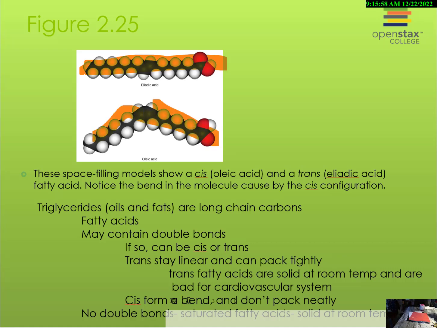But here we have that kink, that cup shape. And so one of these will actually be able to line up nicely with others of the same molecule, and then some will not.